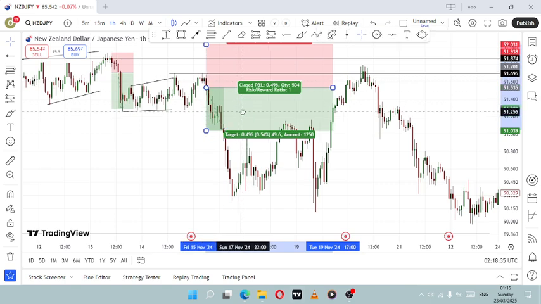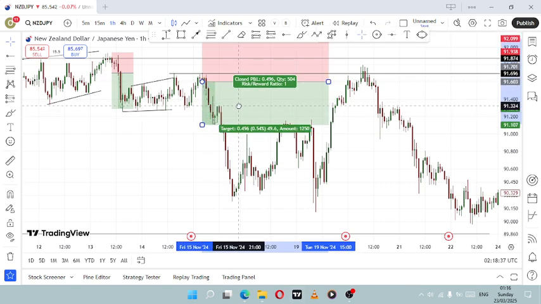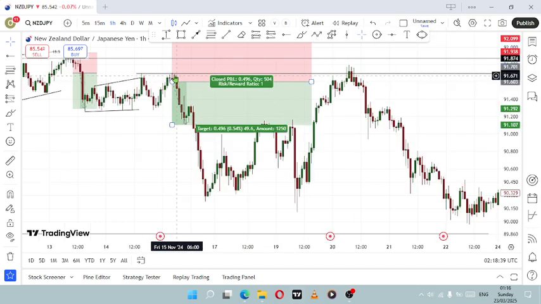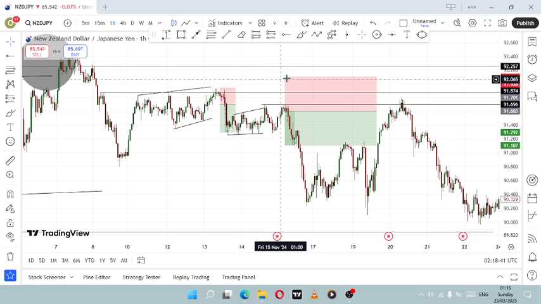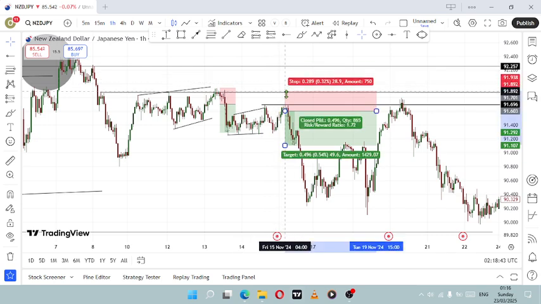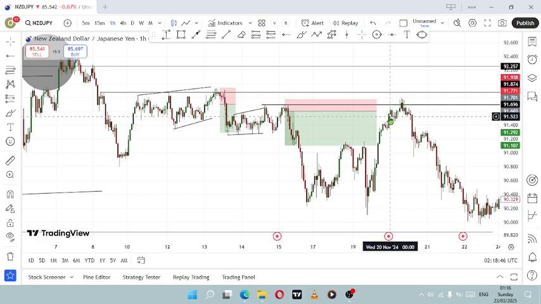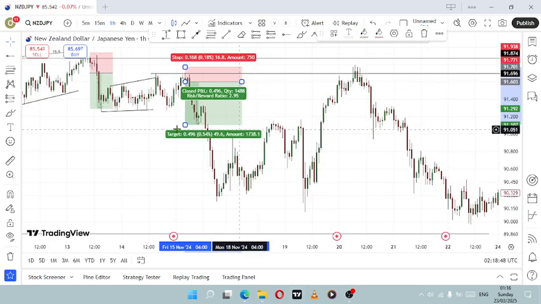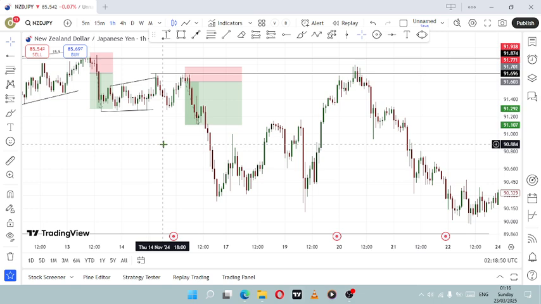Ideally, this can be a risk entry after some multiple rejections. Yes, this is an entry, if you are in the correct position to take this risk entry.